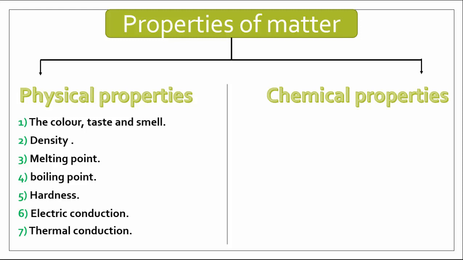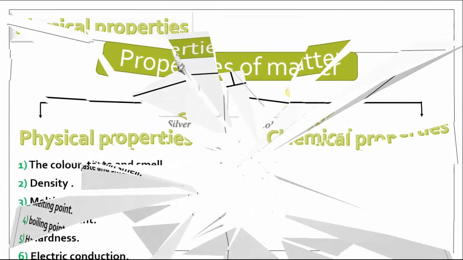When I say physical, I mean the shape or the form, the outer form of the matter. But when I say chemical, I mean the reaction that takes place with the matter. Let's first study the physical properties. And there are 7 points we will take in these properties. Let's start with the first one.